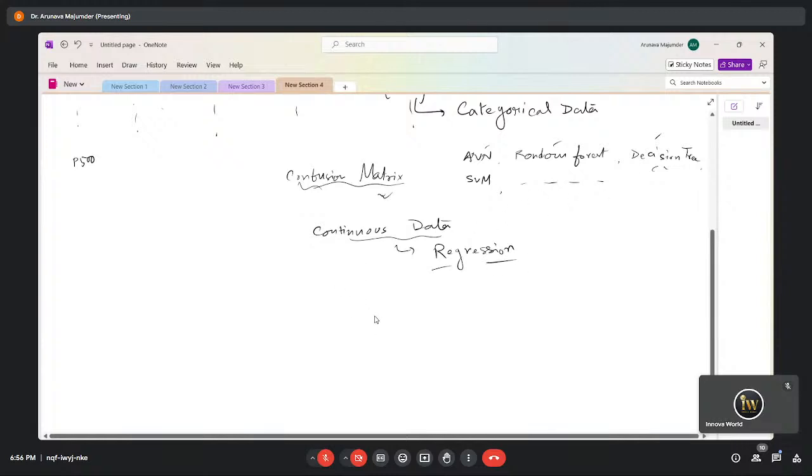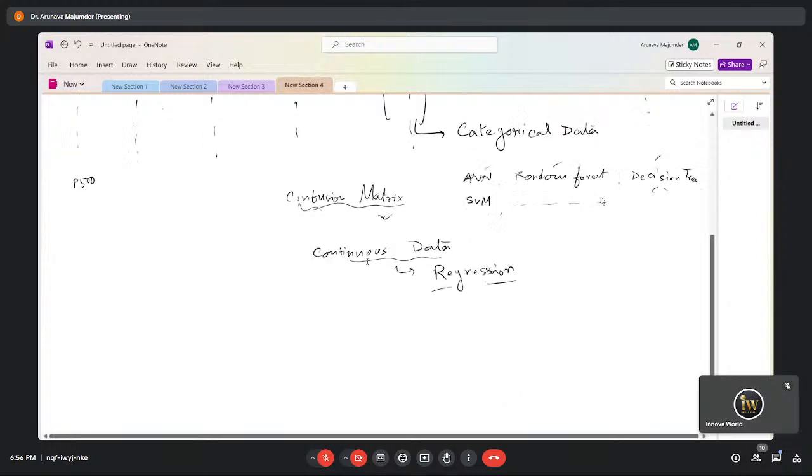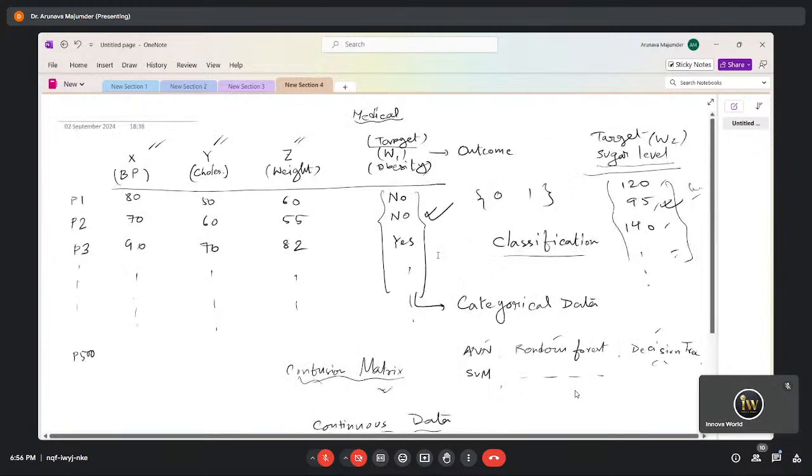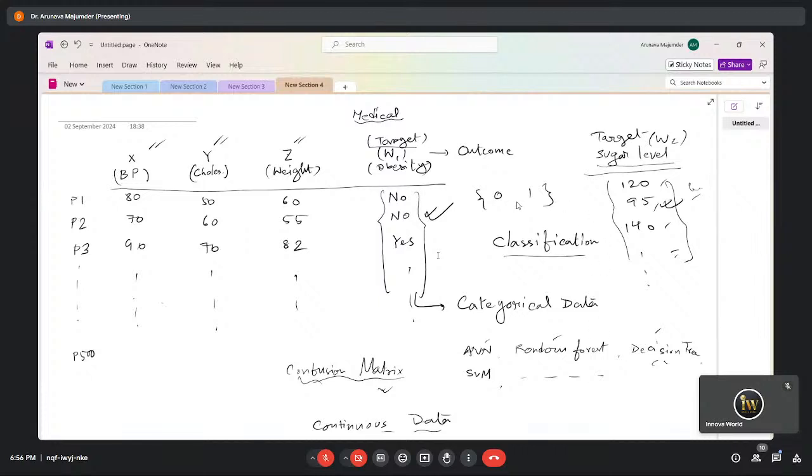Okay, so there are two data sets. Whether you have to apply classification or regression will be based on the type of data set. If it is categorical data like yes or no, or three or four types of car model or aircraft model as an outcome variable, that is called categorical data.